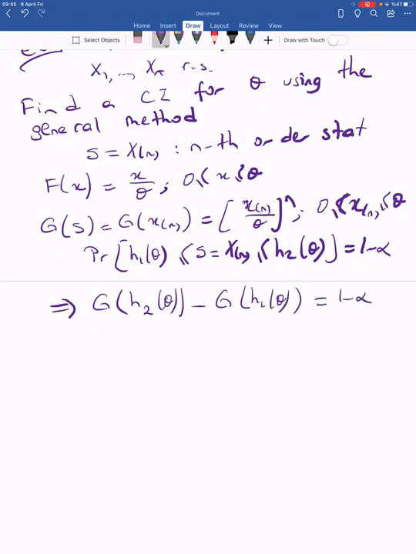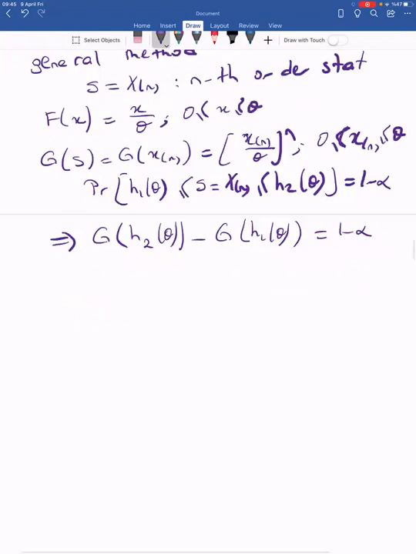Assuming equal tail probabilities, the probability from the lower bound to the upper bound of S is 1 minus alpha, and the probability from the lower bound to h1 is alpha over 2, the lower tail probability. You can imagine the picture. So we know the probabilities, and we need to find the h1 and h2 functions.